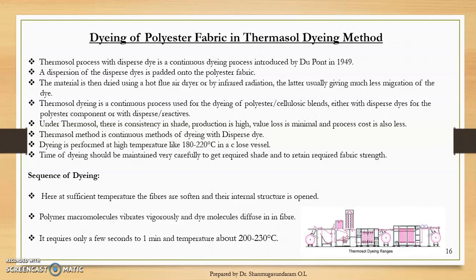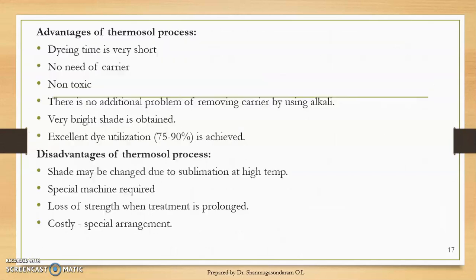The polymer macromolecules vibrate vigorously and the dye molecules diffuse into the fiber. It requires only a few seconds, less than even 1 minute, for the dyeing to take place. The temperature to be maintained is 200 to 230 degrees Celsius.